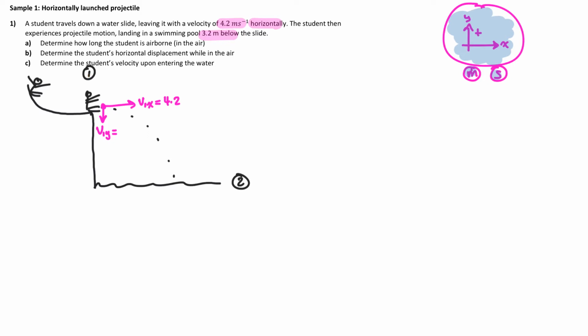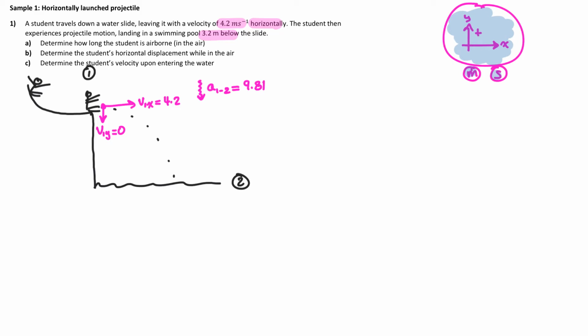So right at moment 1, student will have a vertical velocity of 0. Later on, that will change, but right at the beginning, it will not be anything else other than 0. And then as student is going, they're going to experience an acceleration from stage 1 to 2, and that value is going to equal to 9.81 approximately meters per second squared.